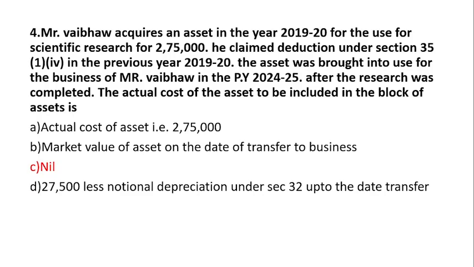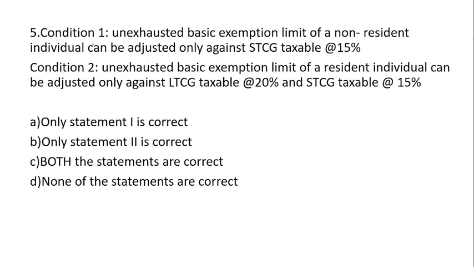Then question number 4 is Mr. Weber acquired an asset in the year 2019-20 for the use of scientific research. Here is the answer. Then question number 5, conditions over here. First condition: unexhausted basic exemption limit for a non-resident individual can be adjusted only against STCG, that is short term capital gain, taxable at the rate of 15%.